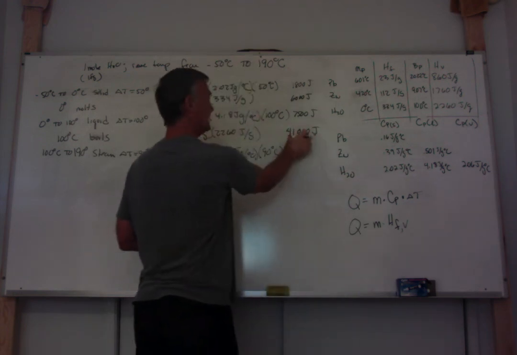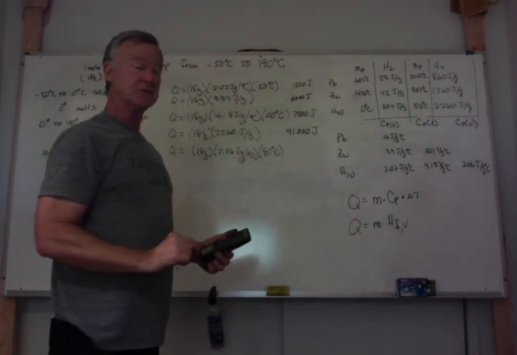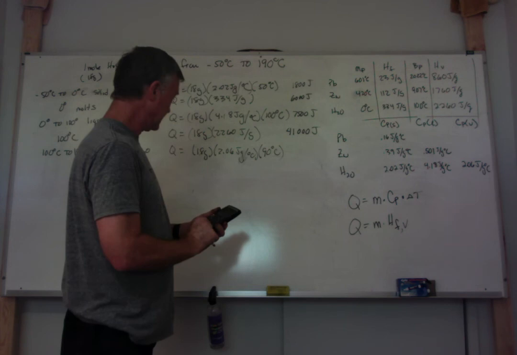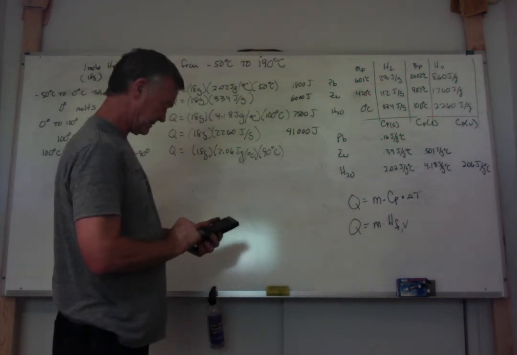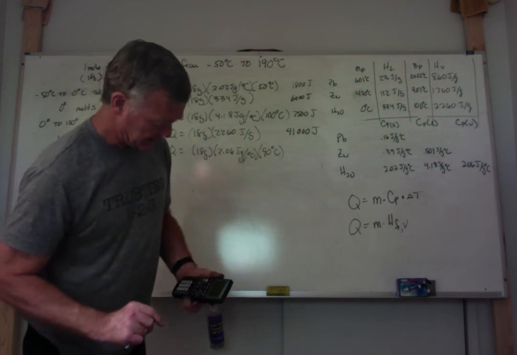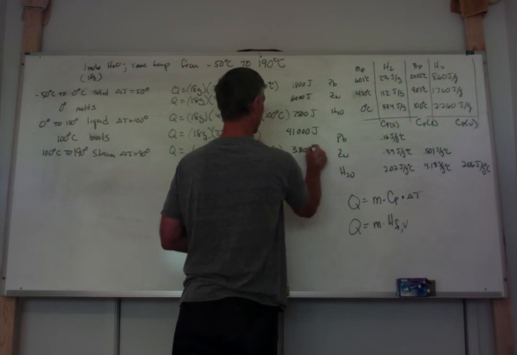Notice, more heat here than all of that put together. It takes a lot of energy to boil away water. And then finally, 18 times 2.06 times 90. And this is 3,300. Again, I'm rounding off to two places.